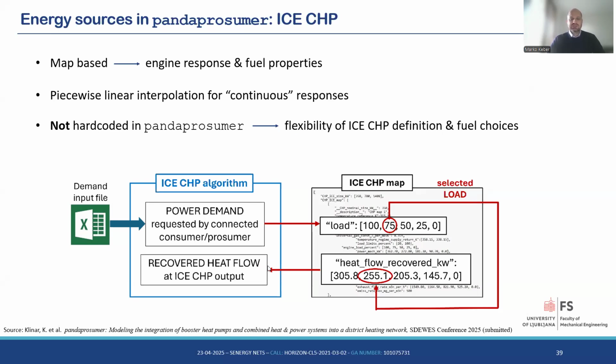But the concept is this: when the ICE CHP algorithm receives the demand from another element, from another pandaprosumer component, or from an external input file, it looks at what load it will need to run to satisfy this demand, and then looks for the appropriate value, whether this is a heat flow that you want to get out, whether it's electrical power that you want to get out, radiation, and so on.